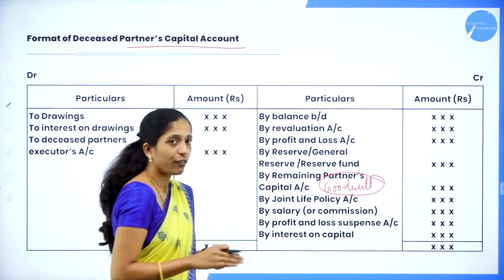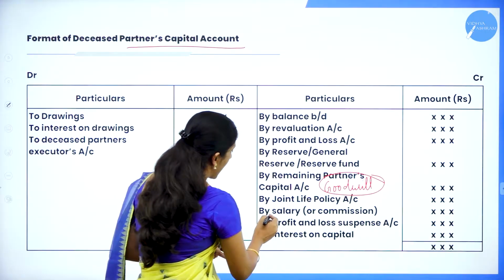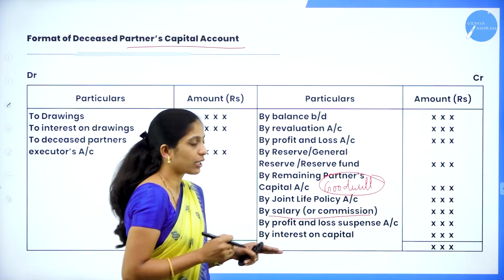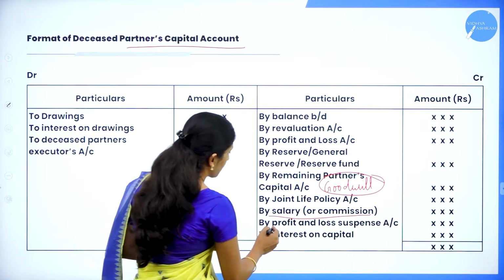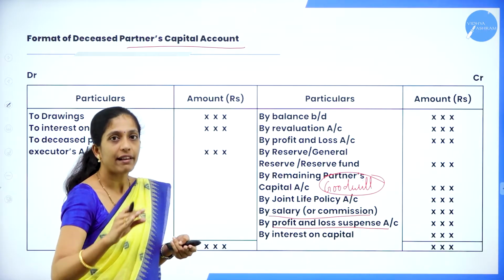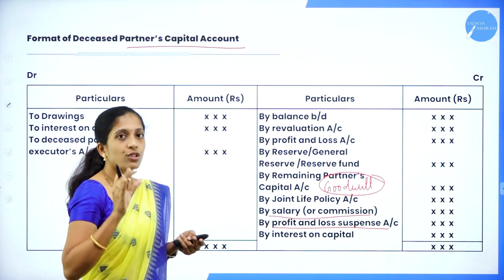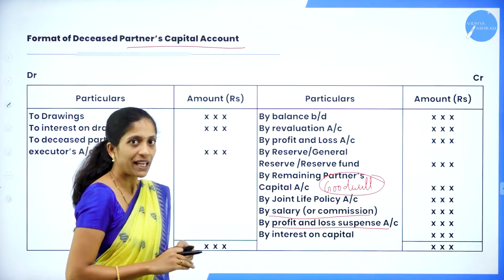Next, his share of joint life policy, if there is any. Then his salary, that is the deceased partner's salary or commission. Profit and loss suspense account, that is from the beginning of the financial year till the date of death. For the period he was in the business, that much portion of profit has to be given.